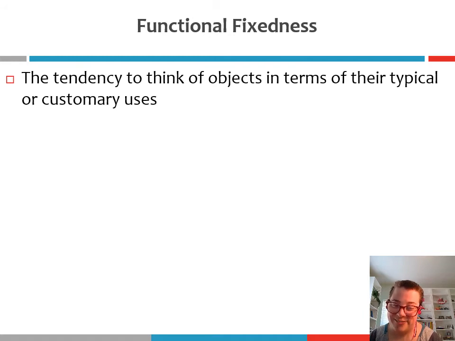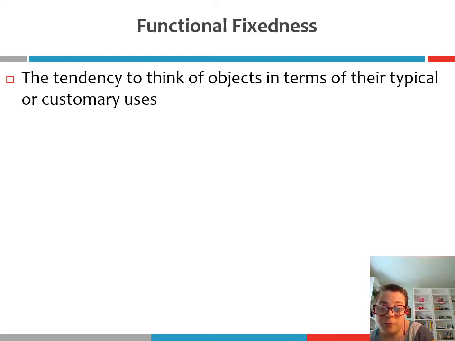rather than to twist or pick up objects, right? So what makes these problems so difficult to solve by themselves, right, is that particularly in the first case of the candle problem, where you're given the 3 boxes of the materials, you're led to think about the objects as you would normally interact with them, right? And that prominent response or that prior experience is almost going to have a blocking or interfering effect, right?